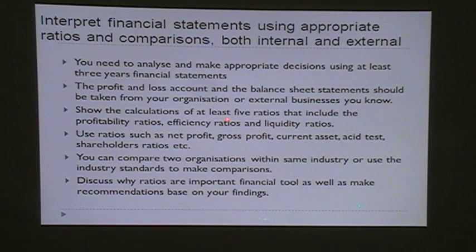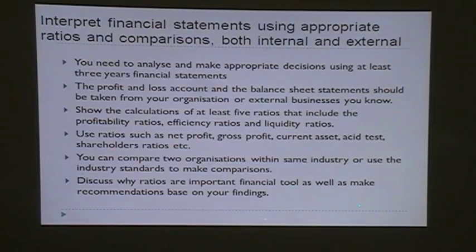Show the calculation of at least 5 ratios that include profitability ratios, efficiency ratios, and liquidity ratios. Use ratios such as net profit, gross profit ratio, current asset ratio, acid test ratios, and the shareholders' ratios, and make comparisons of these ratios.